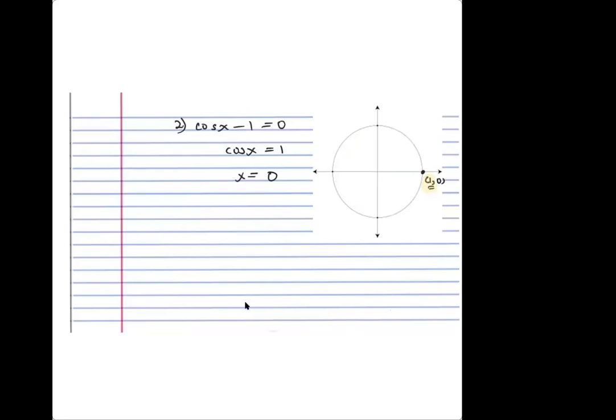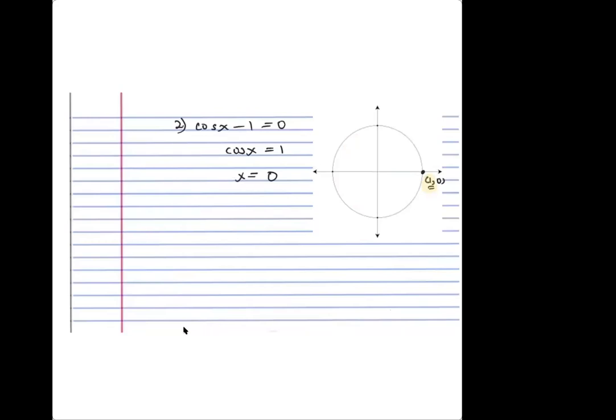All right, so let's check our work. Oh, I'm sorry. It's infinitely many solutions. So then I've got to add multiples of 2 pi. And you say, well, why do you add multiples of 2 pi? Because the cosine repeats every 2 pi rotation.